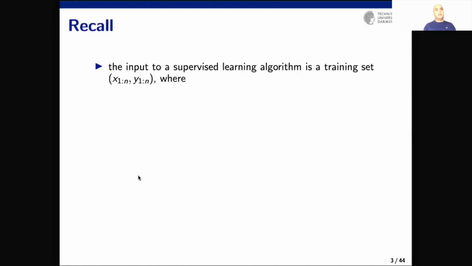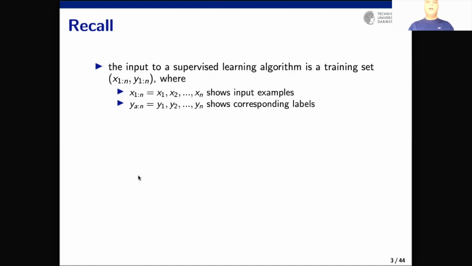As I recall, when we have a supervised learning algorithm, the input to the algorithm is a training set where X's are input examples and Y's are the corresponding labels to those input examples. So if X is movie reviews, Y can be the sentiment of these reviews. For example, they can show if a review is positive or negative.